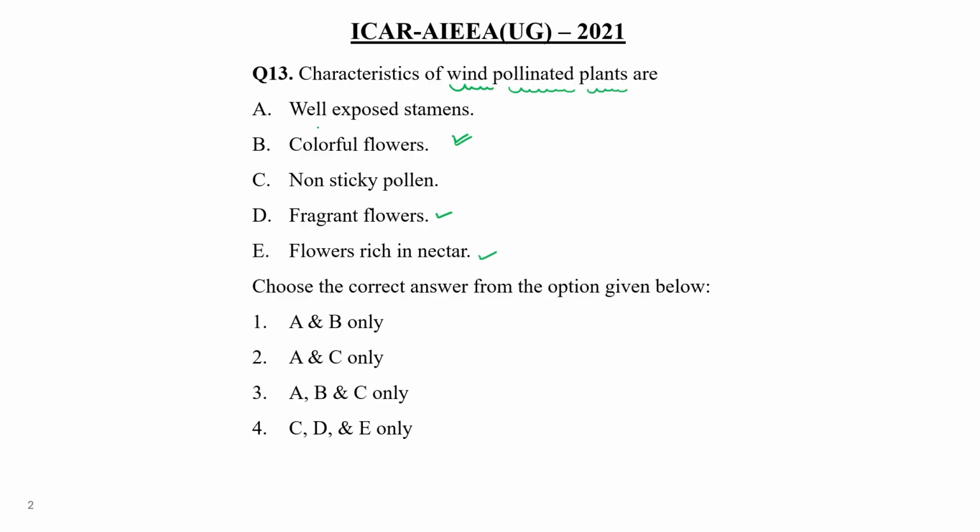But yes, they have well exposed stamens, so that with the help of wind or water they can very quickly transfer pollen to other flowers. And their pollen is also non sticky, right? So that it doesn't stick easily. So choices A and C would be correct for wind pollinated flowers. So choice number 2 would be the correct answer of this question.